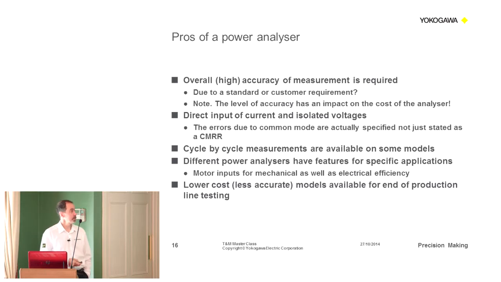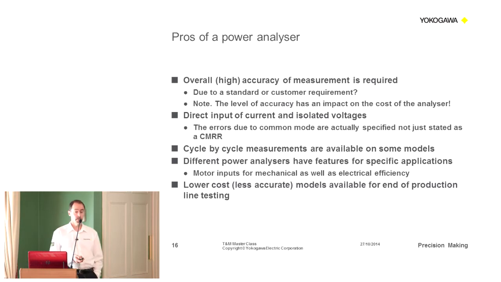So what are the pros? Well, overall, when you need to know what the accuracy is, you would potentially use a power analyzer. And I say overall high accuracy because there is a variation. As you might expect, it does have an impact on pricing and size of product, as it says here.